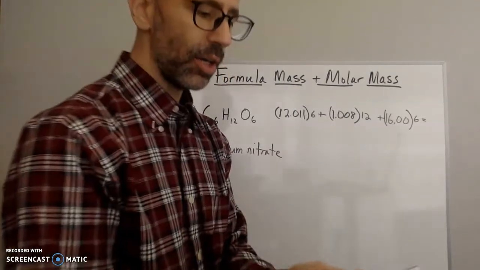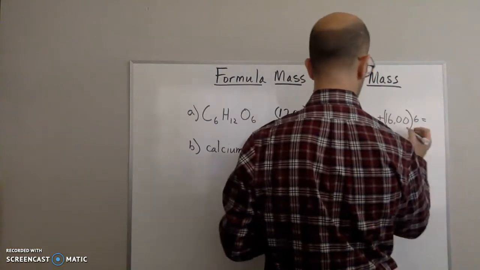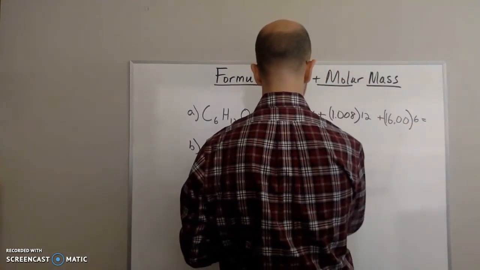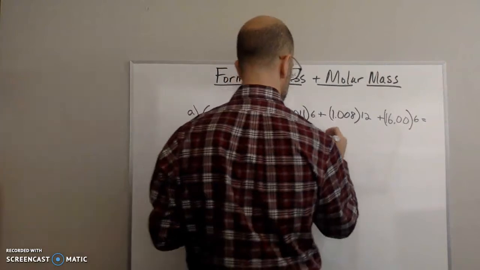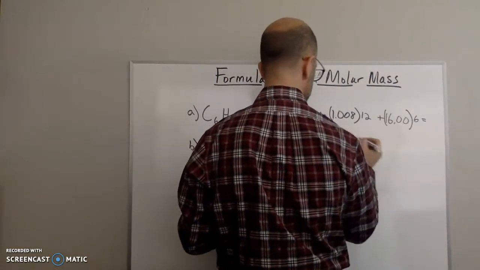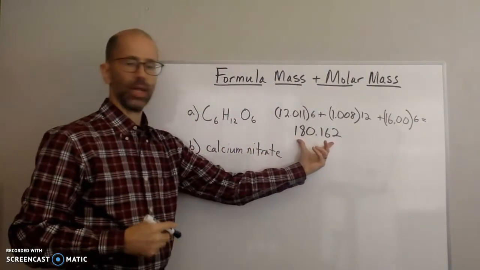So it should be 180.162. So I get 180.162, and that's going to be the formula mass.